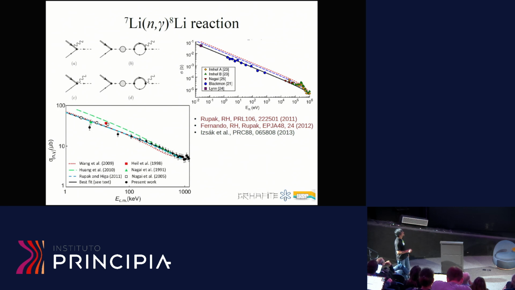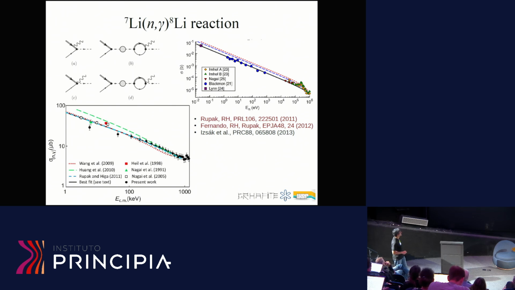We could identify the relevant parameters in this cross section, and I'm not going to say much about that, except that we compared with potential models and showed that potential models fail to reproduce the low energy behavior because of a normalization factor, and there is an ambiguity in the potential model that is not present in the EFT calculation. We tried to constrain that, and we have a much better description of the cross-section at very low energies.